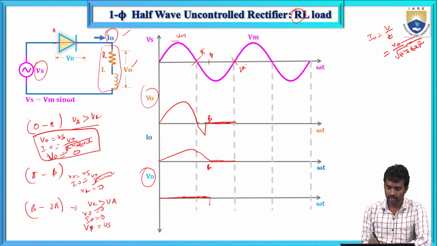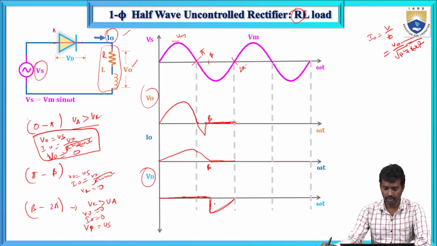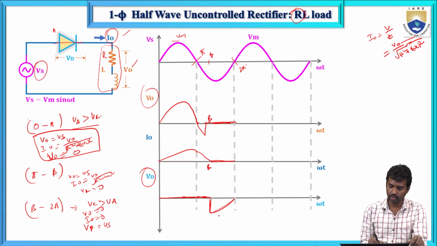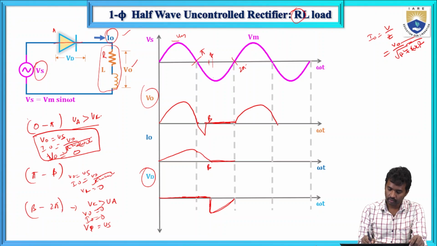The diode is in open circuit, and the diode voltage follows the supply voltage. This is the case again after 2 pi, which is also the same.